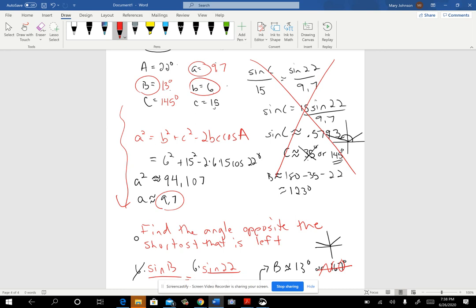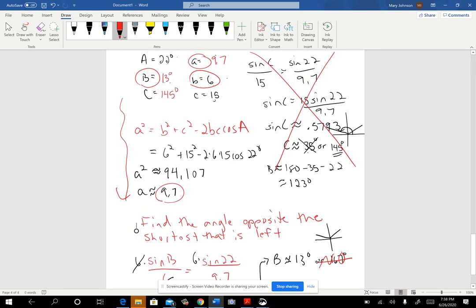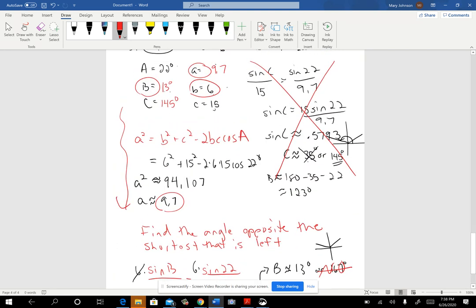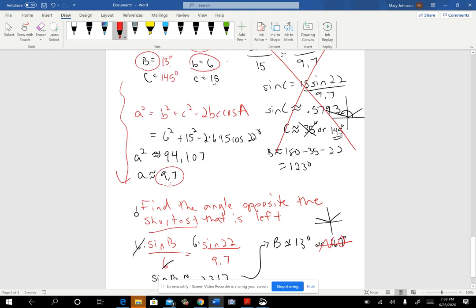Okay, I know this is complicated. That's why I wanted to show you 3 cases and kind of explain why they have that suggestion in the steps for when you do side angle side, that after you use law of cosines to find the one other side, then you should find the angle opposite the shortest side because you know it's acute.